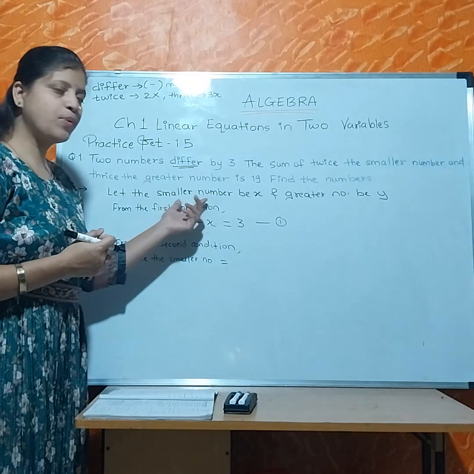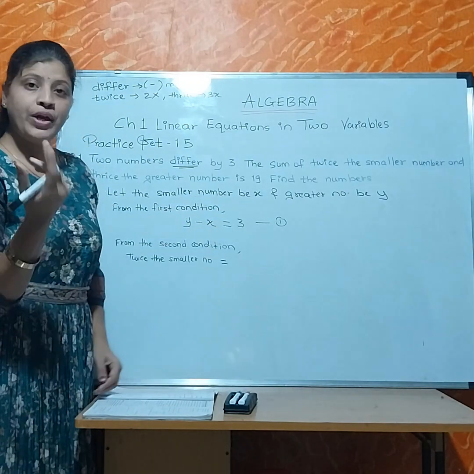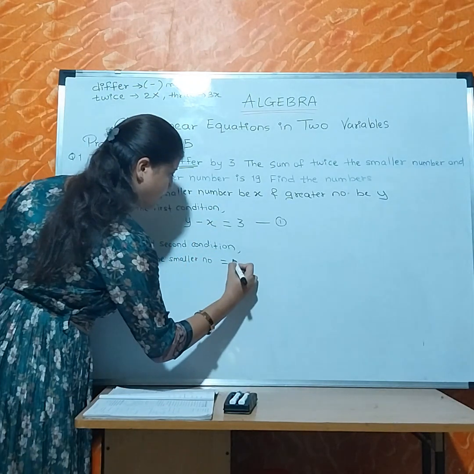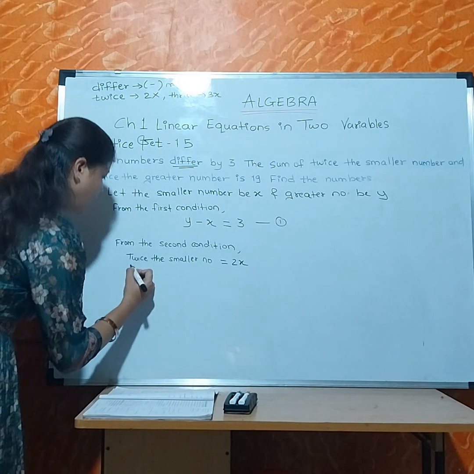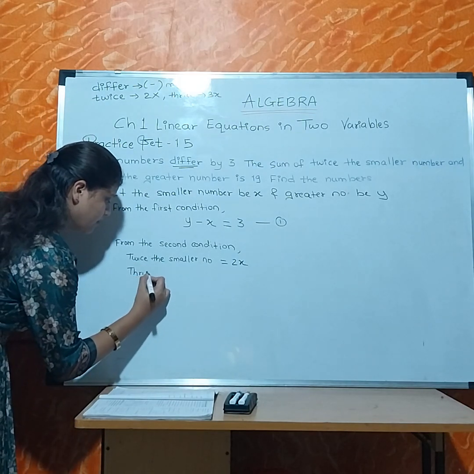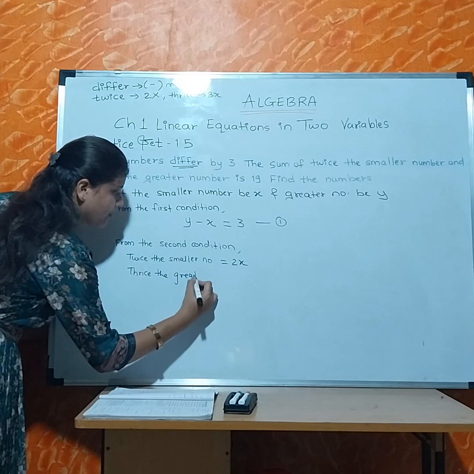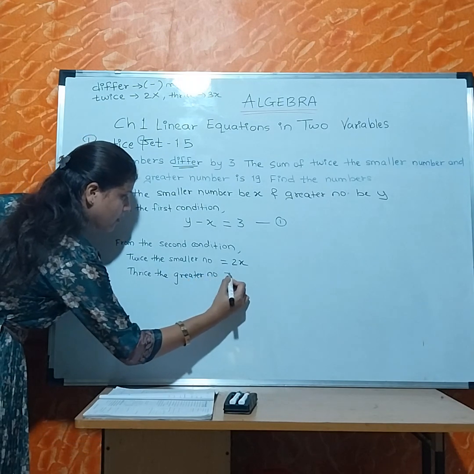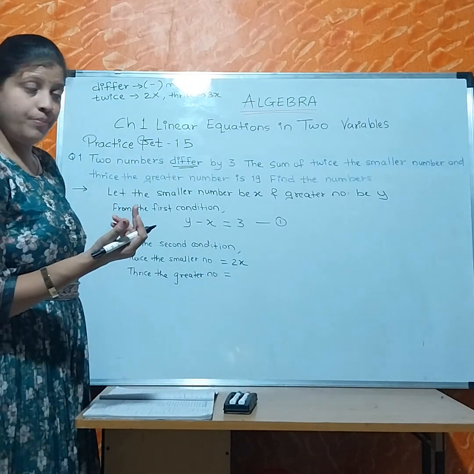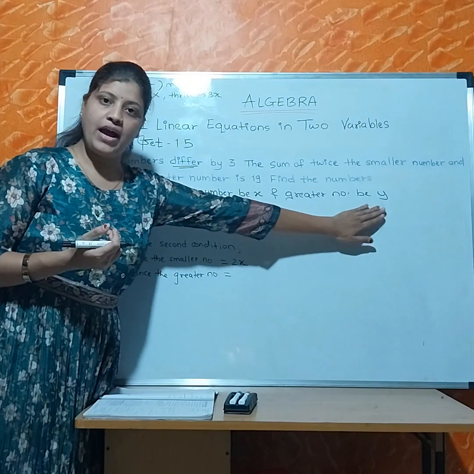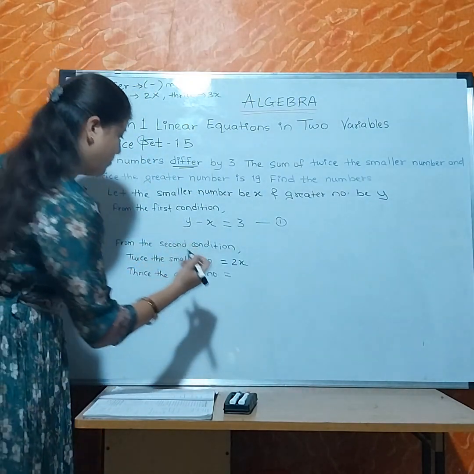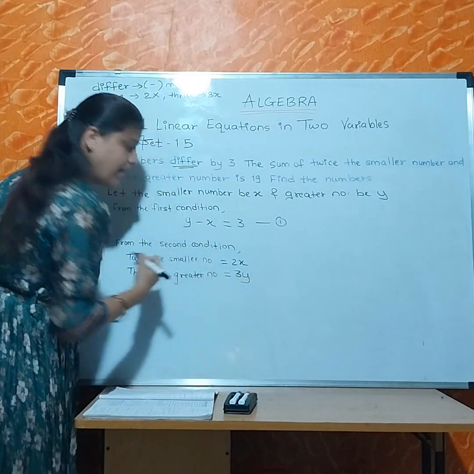What is the smaller number? x. So twice of x, 2x. And tell me what is thrice the greater number? The greater number is y. So thrice the greater number means 3y.